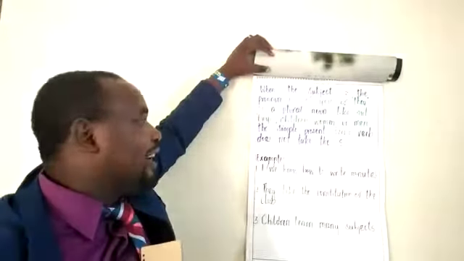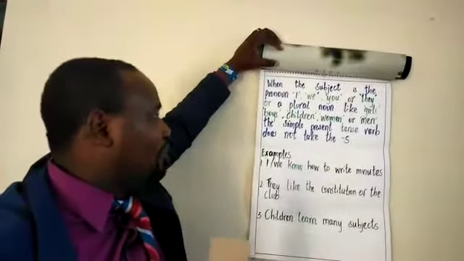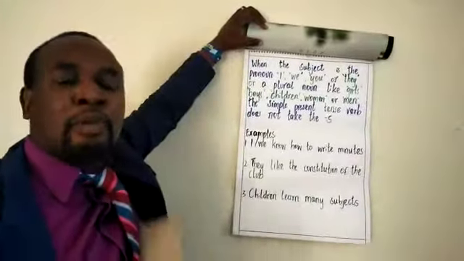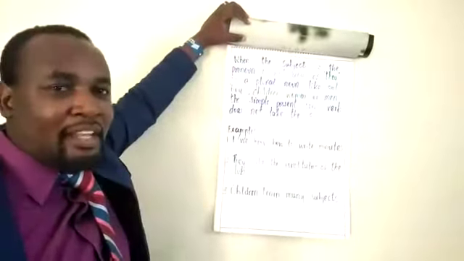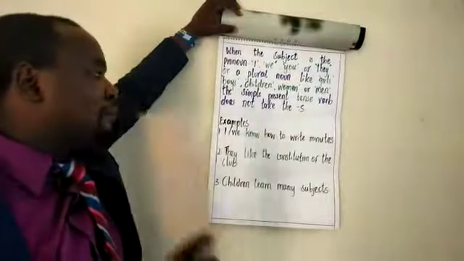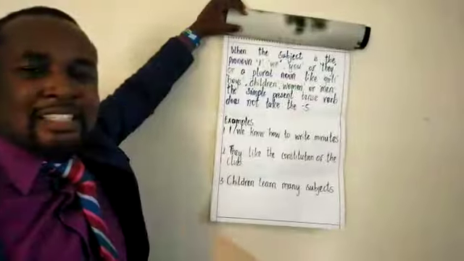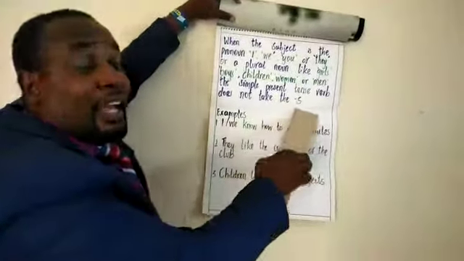When the noun is in plural form, meaning there is more than one, the verb form in that particular sentence doesn't take the s.